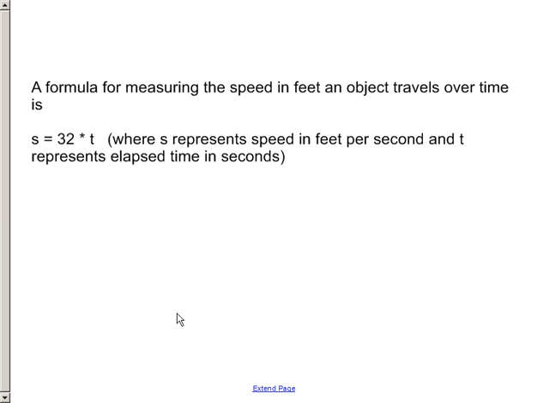And again, t represents elapsed time. So we can measure the speed that an object is falling, not the distance it's fallen. That was our previous formula that told us the distance it traveled over time, and that distance increased as the time increased, and we got a curved line. In this case, we're measuring the speed an object travels over time.